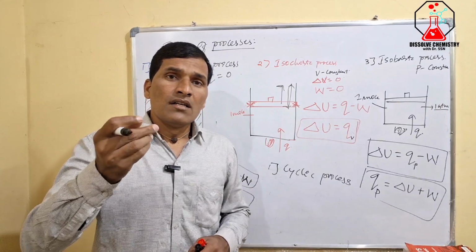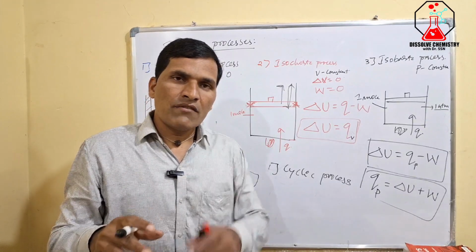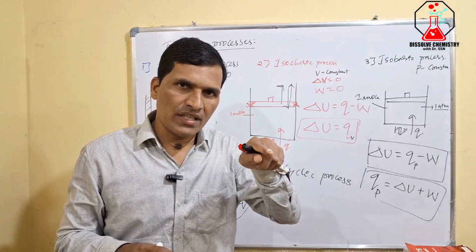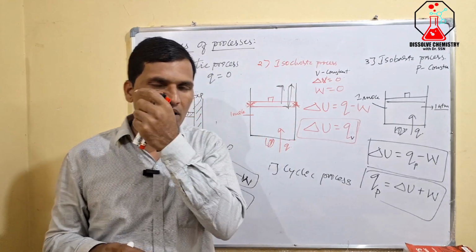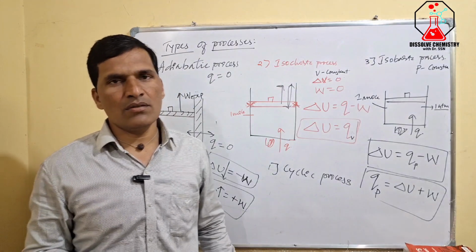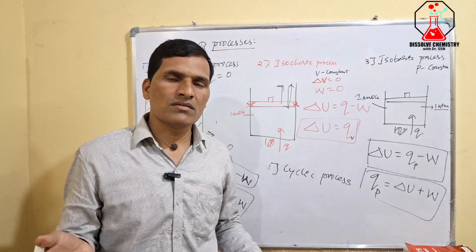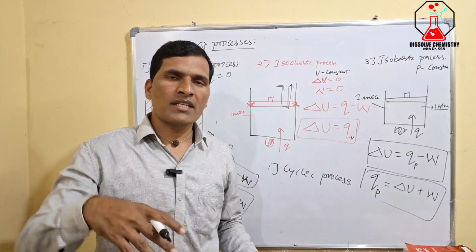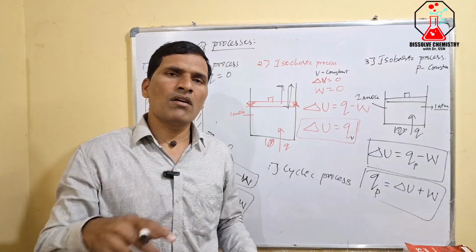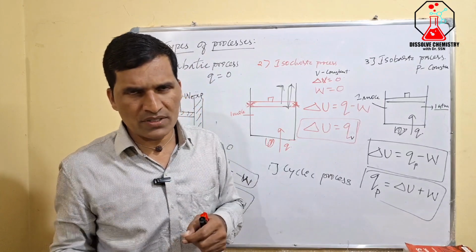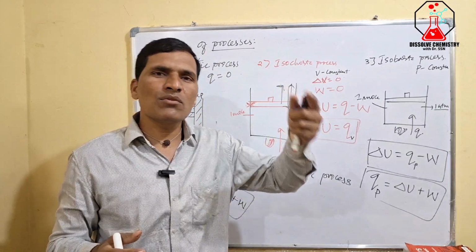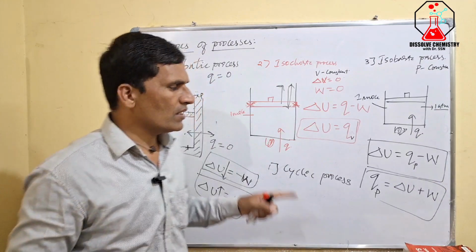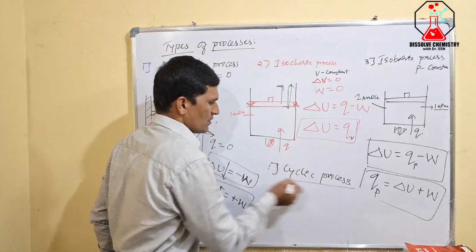After doing all the changes, if I come back to the same state that I had initially, then that process is called a cyclic process. Overall change will be 0. You are doing expansion work, compression work, expanding, compressing and all that. After doing all those processes, if you come back to the initial state, then we call it a cyclic process.